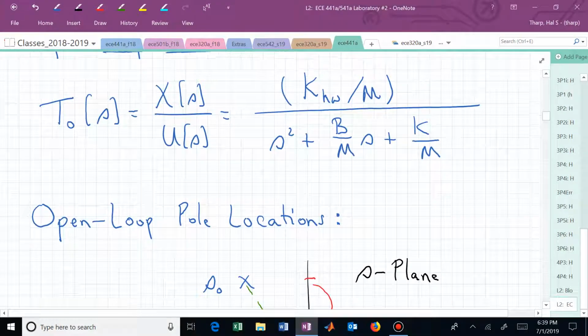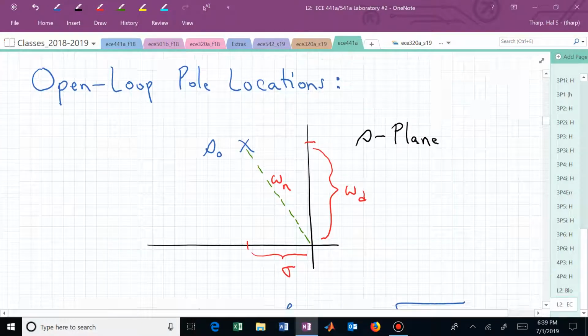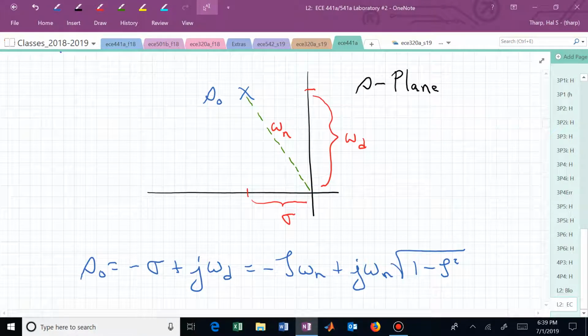But based on this second order system, we can now view the roots of the denominator, or the poles of our system, indicated with an X, as sitting somewhere in the positive half of the complex S-plane. It has a conjugate pole mirror imaged below the real axis, sitting at minus sigma minus j omega sub d.